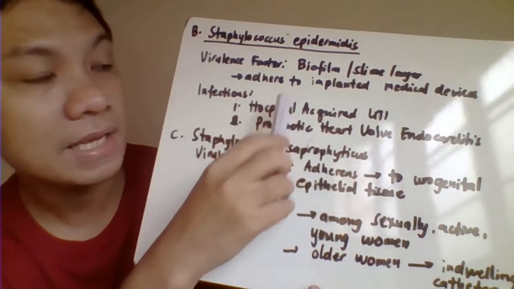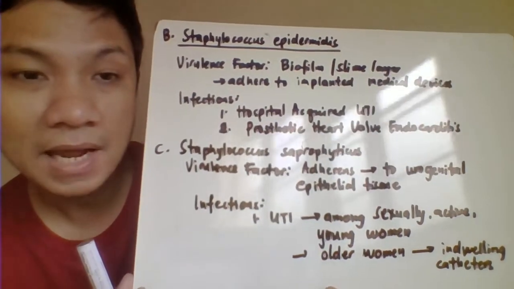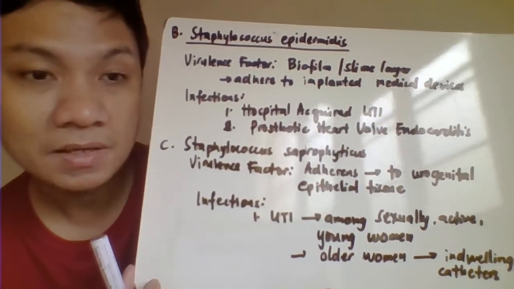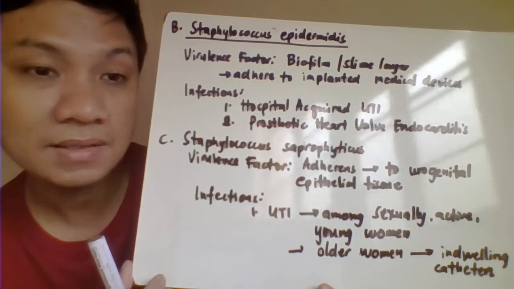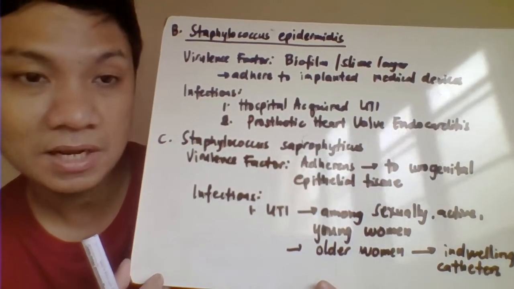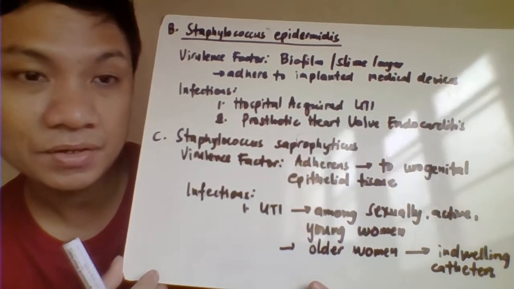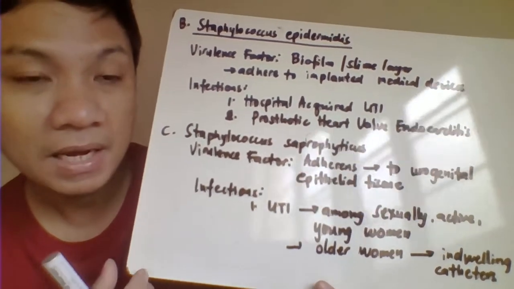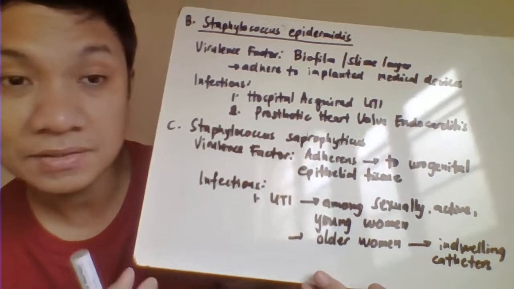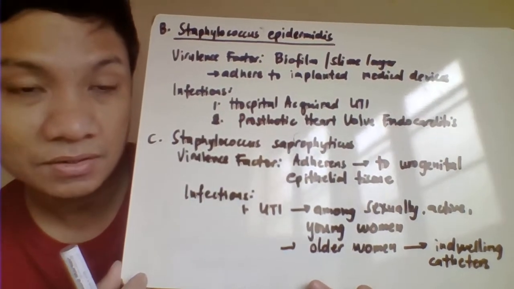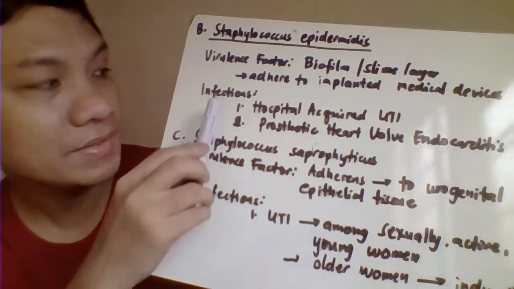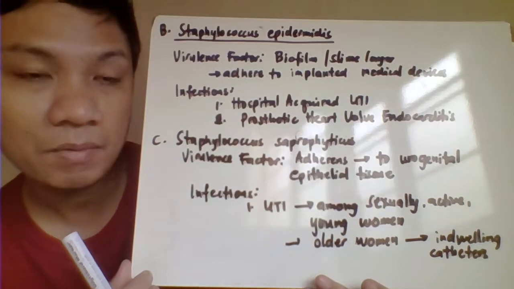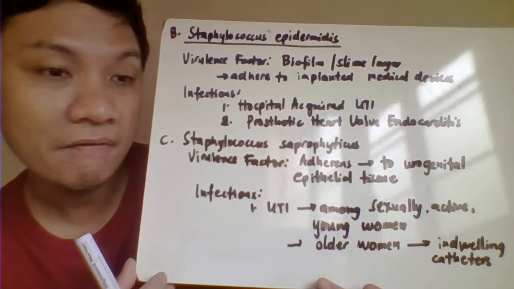Since the biofilm is most likely produced on artificial devices, medical devices inside the body of the patient, it therefore causes infection associated with your medical devices. As I reviewed again, that's your iatrogenic infection. So infection caused by Staph epidermidis associated with your medical devices.